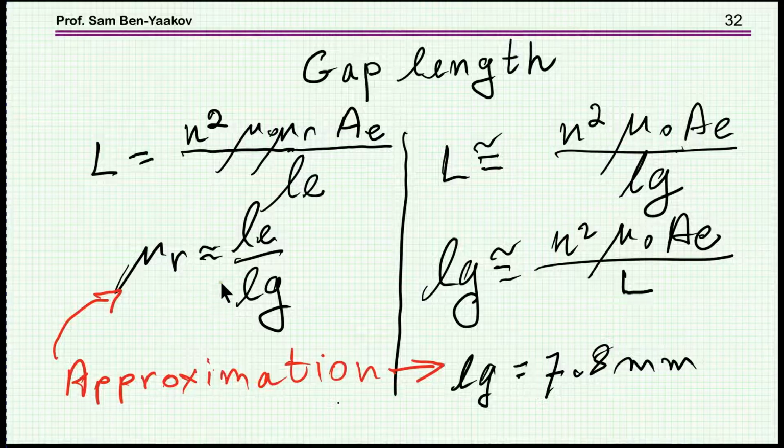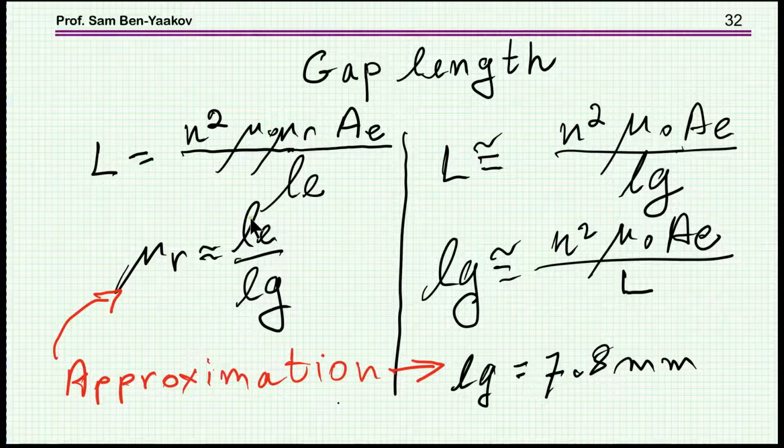Now, the relative permeability, for cases in which the permeability of the ferrite is very high as compared to air, the relative permeability of the structure itself, not the ferrite, but just the structure, will be the magnetic path length over the gap length.